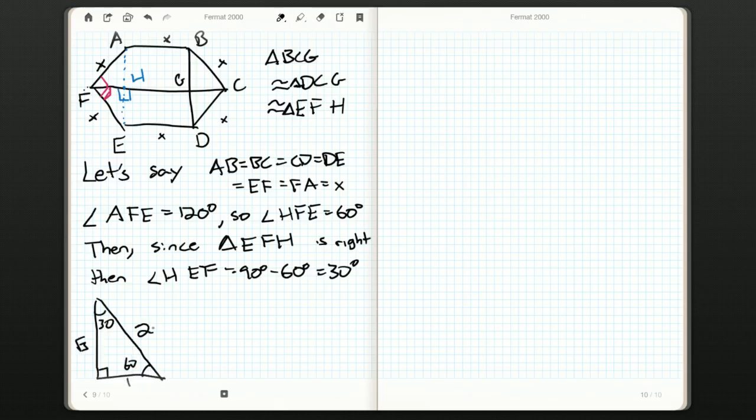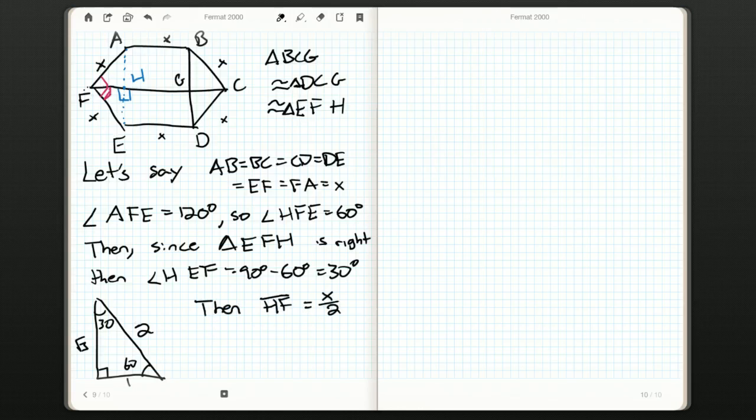And so if we know that this is a 30, 60, 90 triangle, and that HFE is our 60, then the length of HF is going to be 1/2 of x. It's x over 2. So we have x here. It's going to be twice this length.